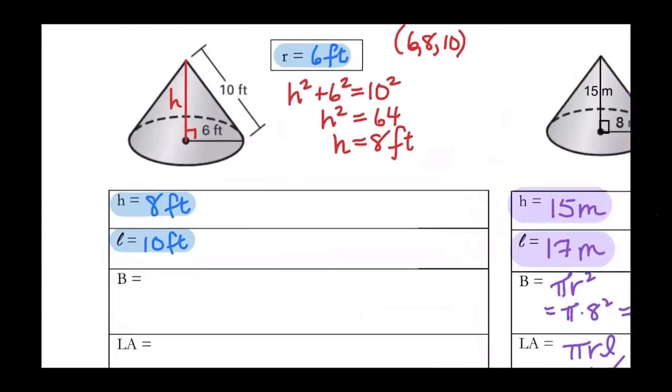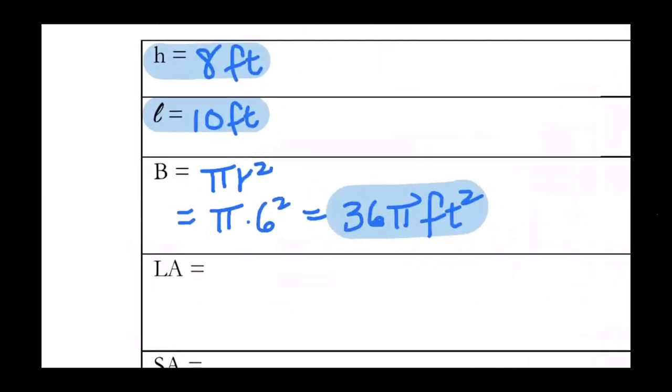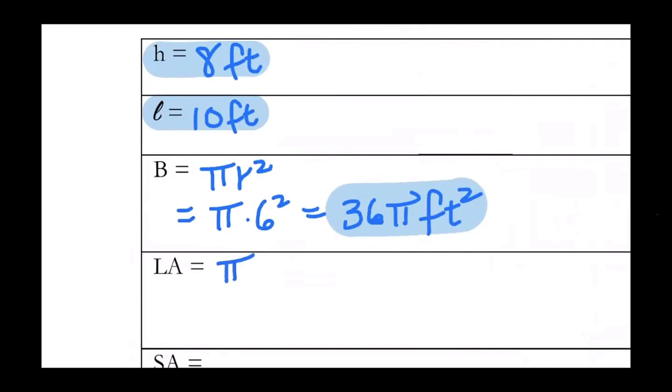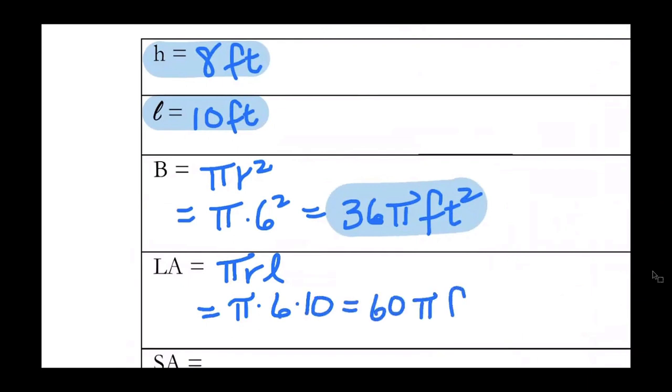Area of the base, pi r squared. Pi times 6 squared is 36 pi, and that would be in feet squared. Lateral area for a cone is pi r L. Pi times 6 times 10, 60 pi feet squared.